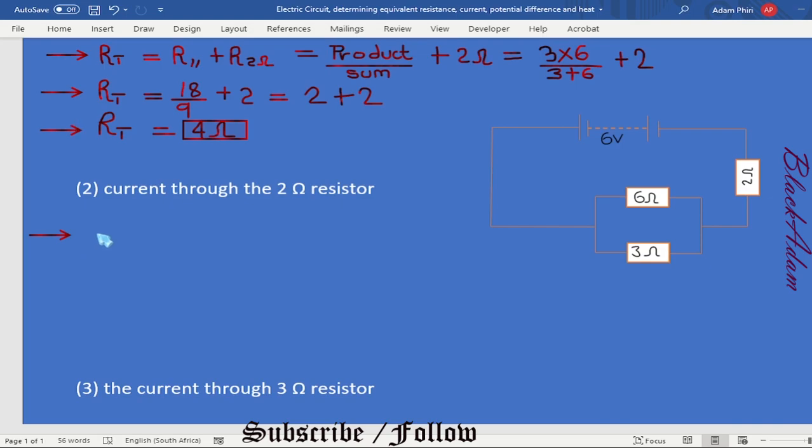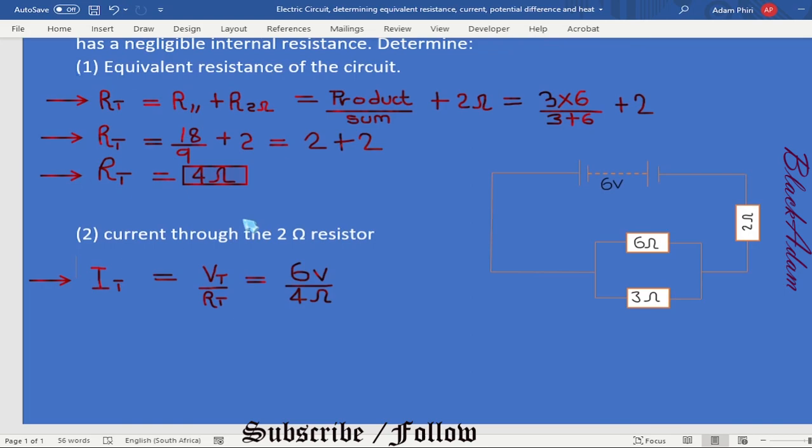Then we follow Ohm's law, which says current total will be potential difference total divided by resistance total. The total potential difference is 6 volts, and the total resistance is 4 ohm. So 6 divided by 4 is 1.5 ampere, and that's the current that flows there.